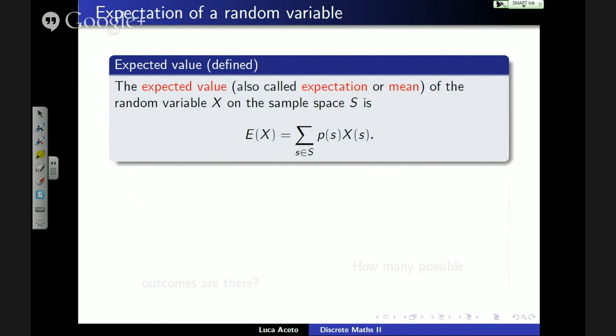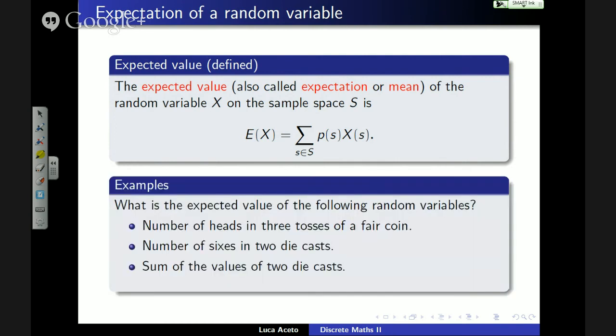Fortunately, in nearly all of the cases that you will see, this sum will be finite, or it will be easy to calculate. Okay, so let's put this formula to work.